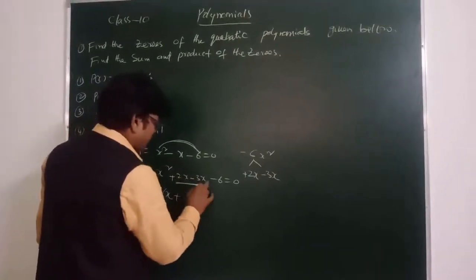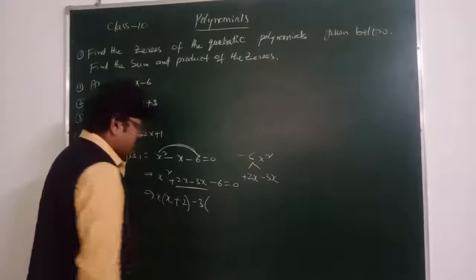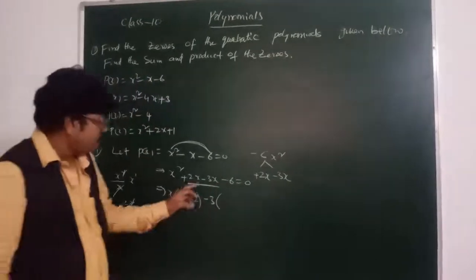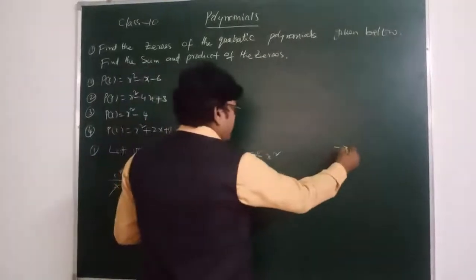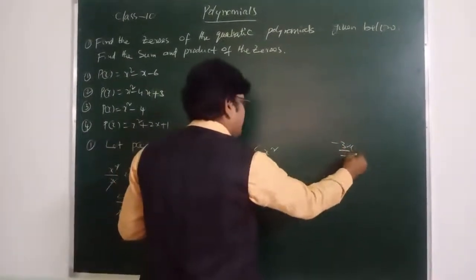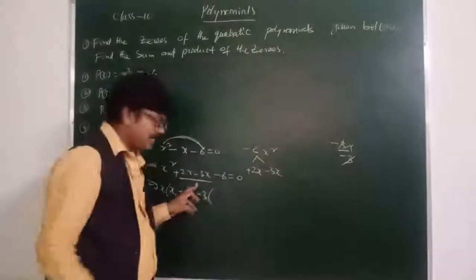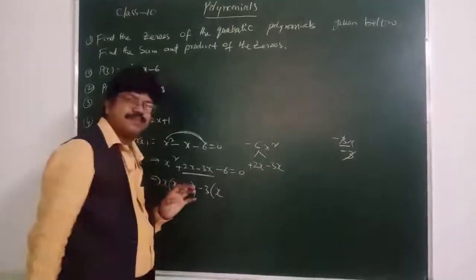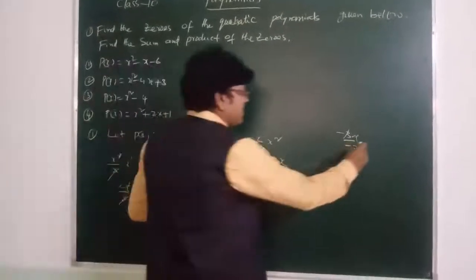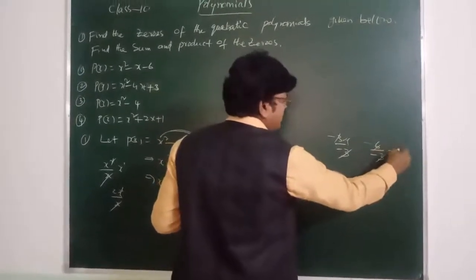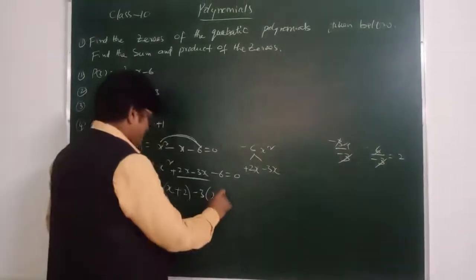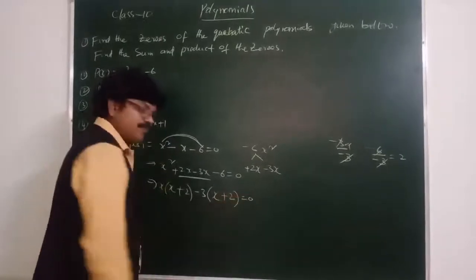So here minus 3 common. Minus 3 common means divide minus 3x by minus 3. Minus 3 cancels, plus x is there. Minus 6 by minus 3, minus by minus is plus, 2. So x times plus 2 equal to 0.